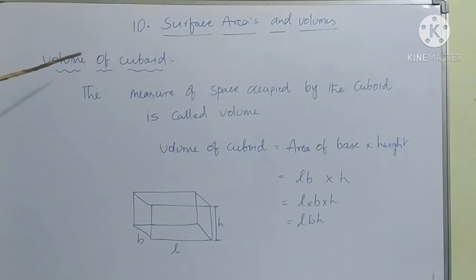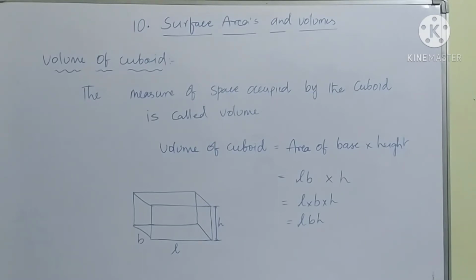Next one, volume of cuboid. So what is the volume of cuboid? Here the definition: the measure of space occupied by the cuboid is called its volume.